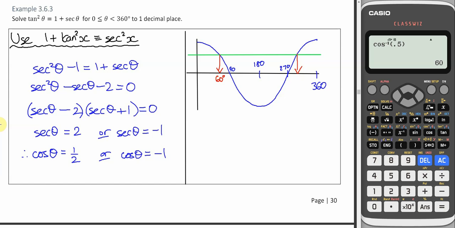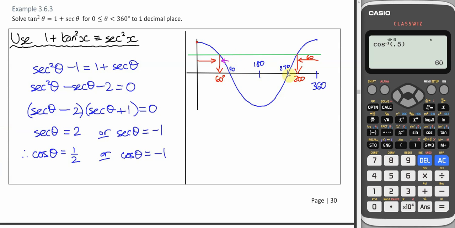Using the symmetry of the graph, that is 60 to the right of a maximum point. So this other one at the end is going to be 60 to the left of a maximum point. Makes that one 300. Another way of looking at it, you could say the first one was 30 to the left of where it crossed the theta axis.